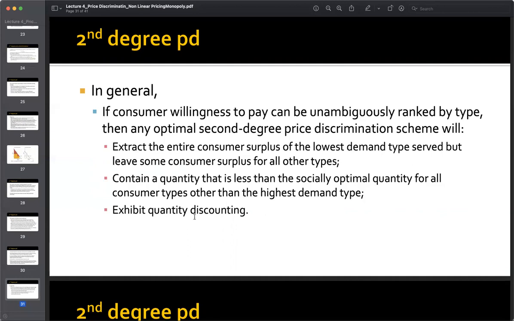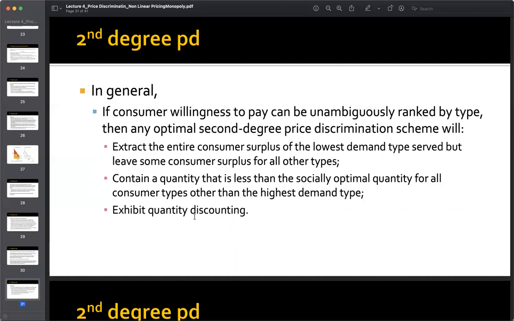Contain quantity: usually it will contain a quantity that's less than the social optimal quantity for all consumer types other than the highest, because you want to have the highest quantity for the highest demand type. And for the low demand types, you want to decrease the quantity sold to them and make it less attractive for the high demand types to purchase those low quantity packages.